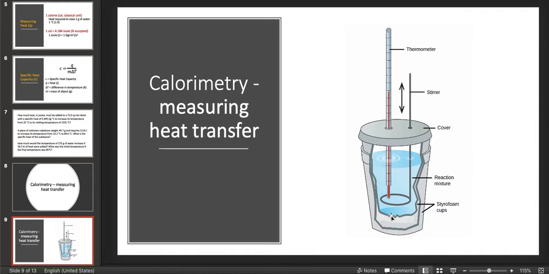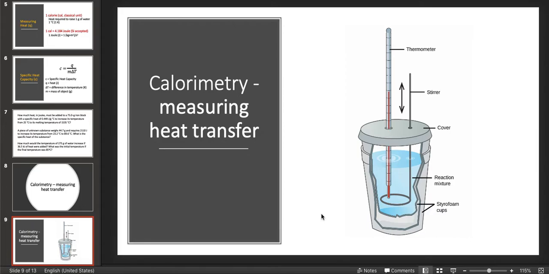So if I know the specific heat of the calorimeter, and I know the mass of the calorimeter, if I know the mass of the water and specific heat of the water and the temperature change, I can then figure out specific heat for any other objects that I drop in here because everything else is known. And I'll show you how to do problems on that separately on JetNet too.